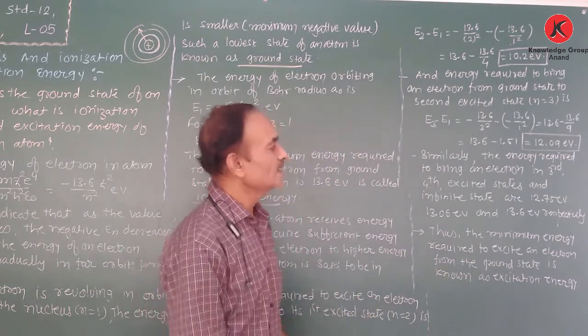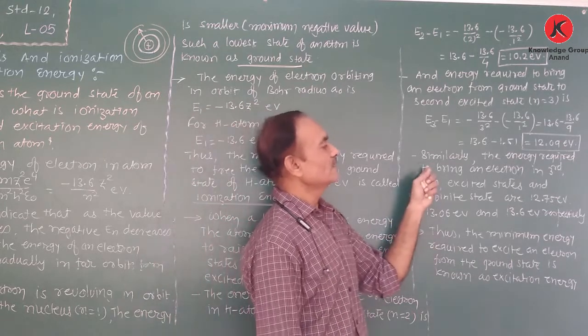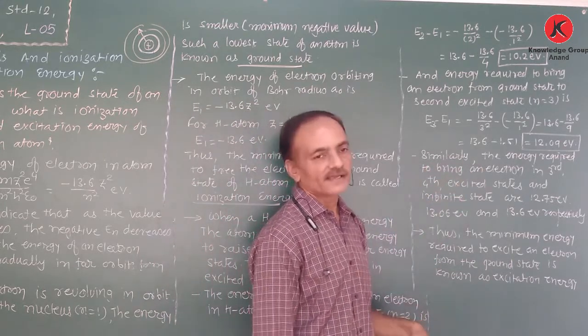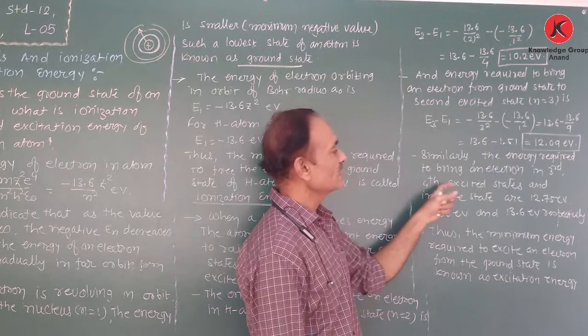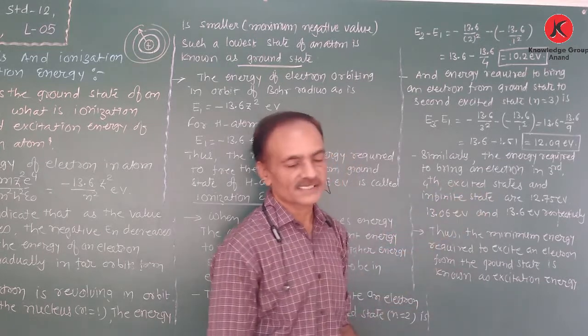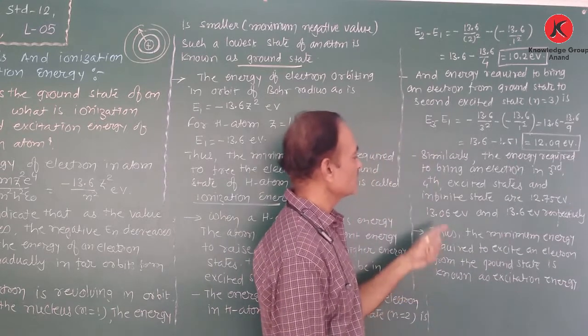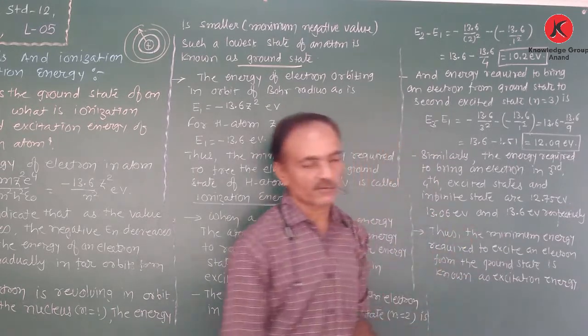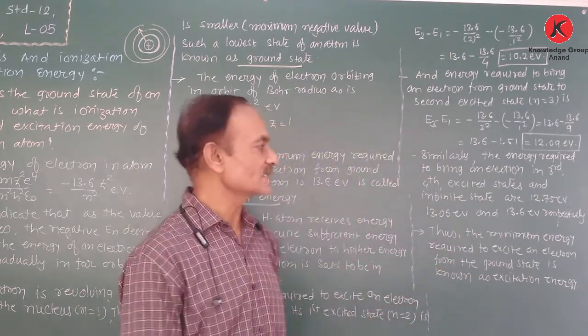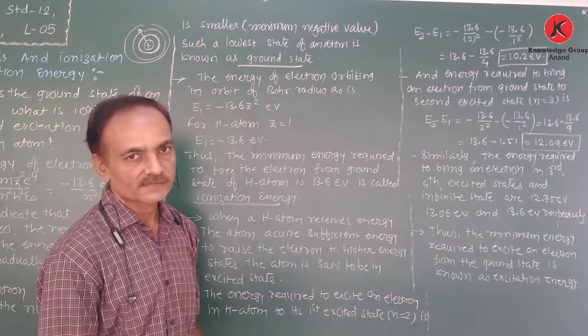Similarly, the energy required to bring an electron to the third excited state, fourth, and also the infinite excited state are 12.75 electron volt, 13.06 electron volt, and 13.6 electron volt respectively.